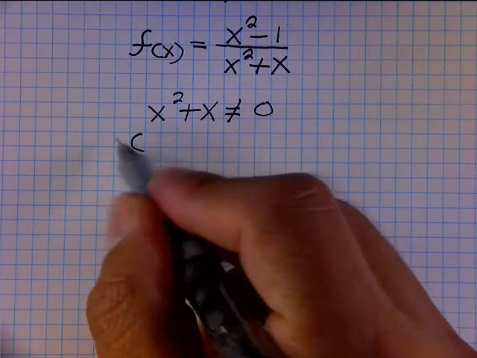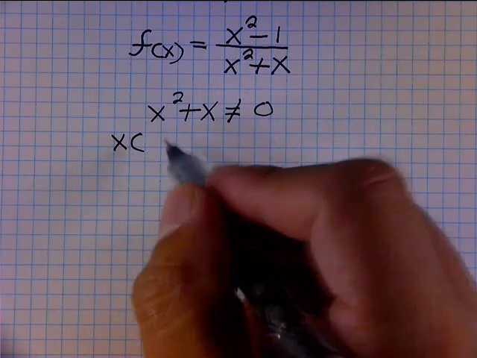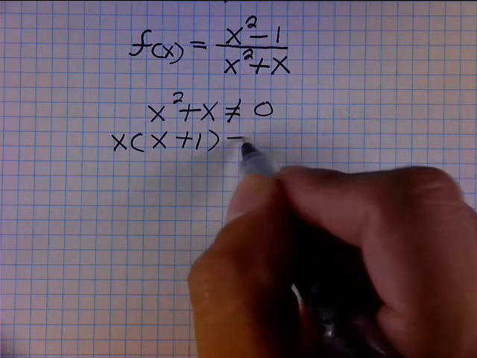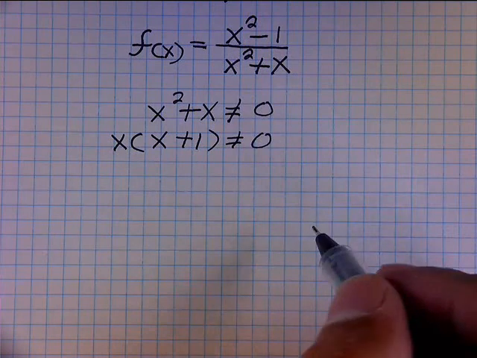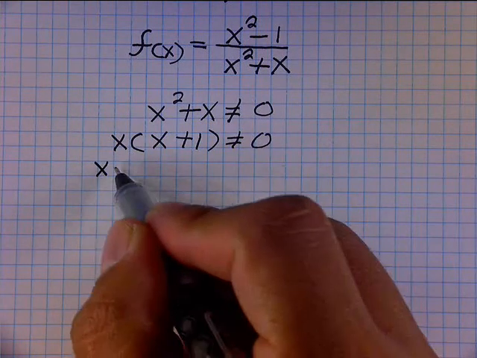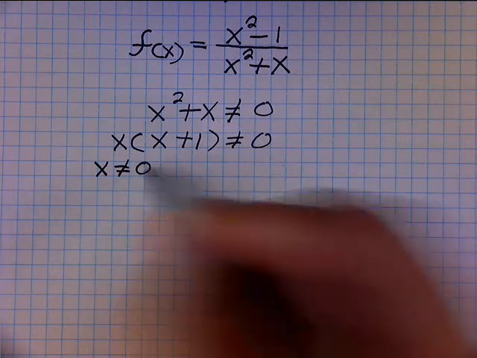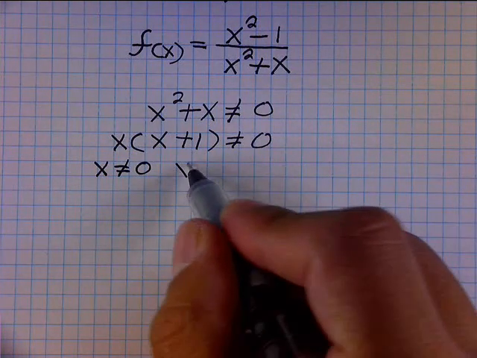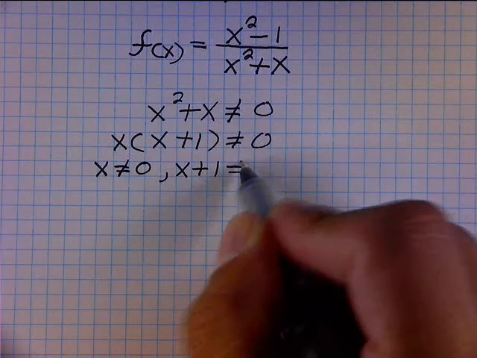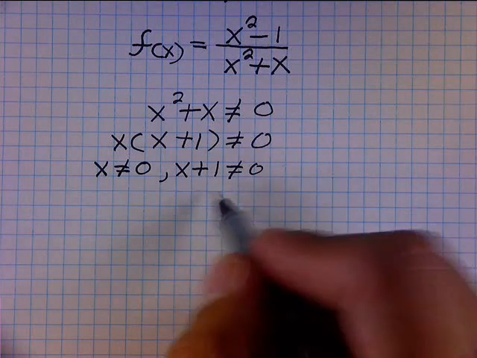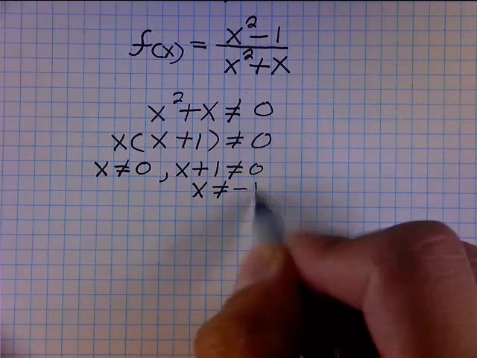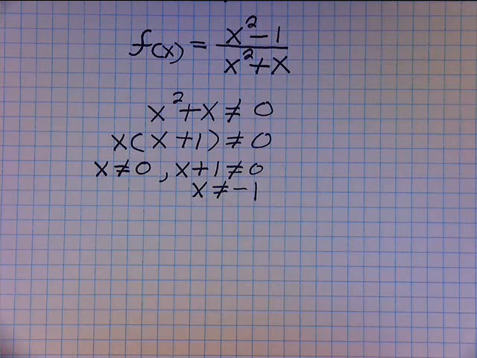I can take out a greatest common factor of x, leaving me x plus 1 cannot equal 0. I can now set each one of those factors not equal to 0, and I end up with x cannot equal 0 and x cannot equal -1.